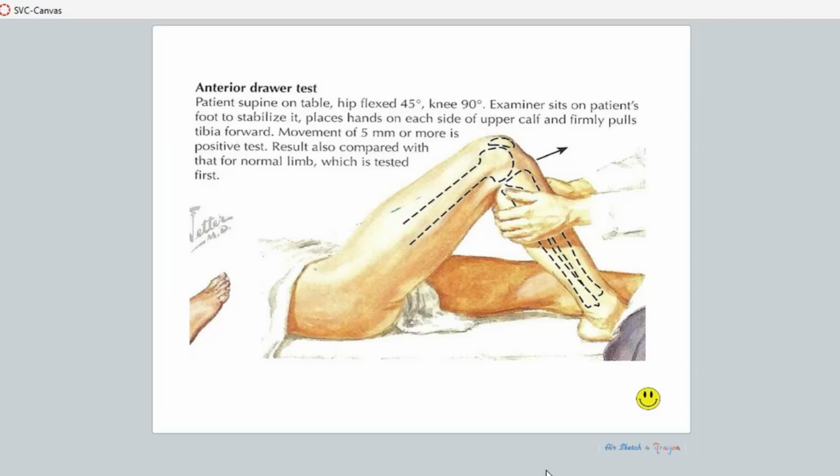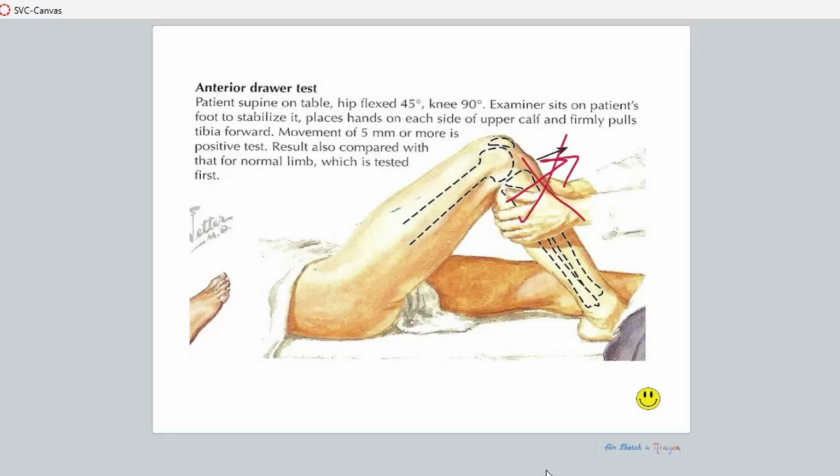Now you can test for this. Let's say you do have a suspected ACL tear. How are you going to test for this? Well, they can do what's called the anterior drawer test, where they have the knee at a 90-degree angle, and I'd hope they do this under a little sedation or whatnot. But what they do is grab the tibia and see if it slides forward.